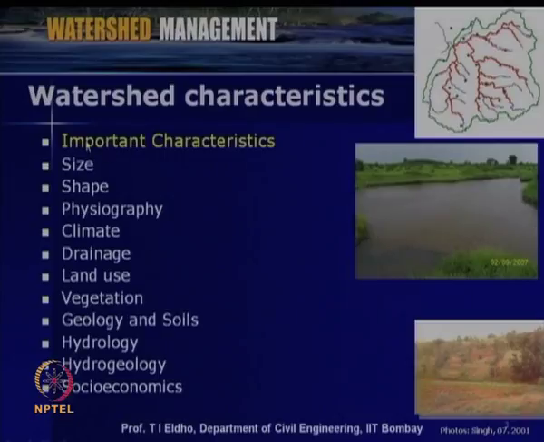This includes the size of the watershed. We had a brief discussion about the size in the introductory lecture itself. Then the shape of the watershed, what kind of shape it is, whether it is an elongated shape or a broad type shape. Then physiography of the watershed, the various physiographic features within the watershed.